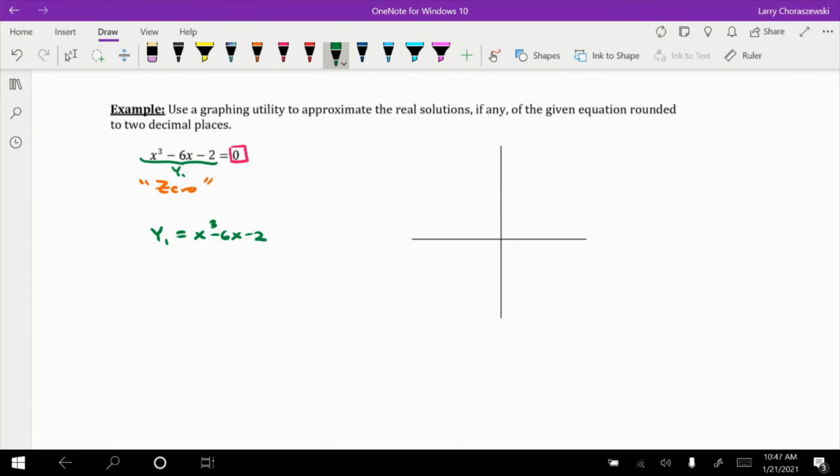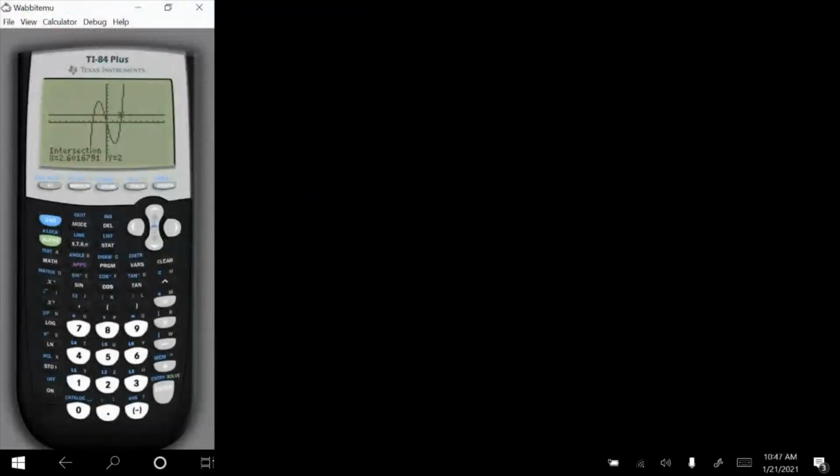Let's go to the graphing calculator. Type that in. I'll just clear both of these out and start from scratch. X, caret key 3, big minus sign, 6x, big minus sign again, 2.